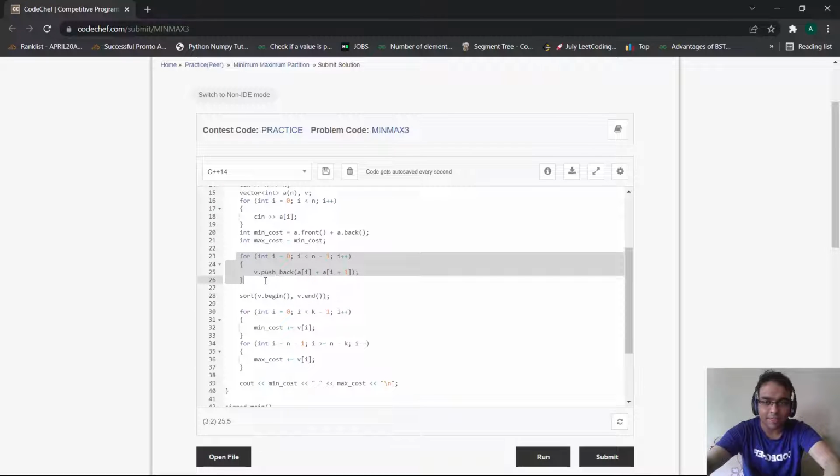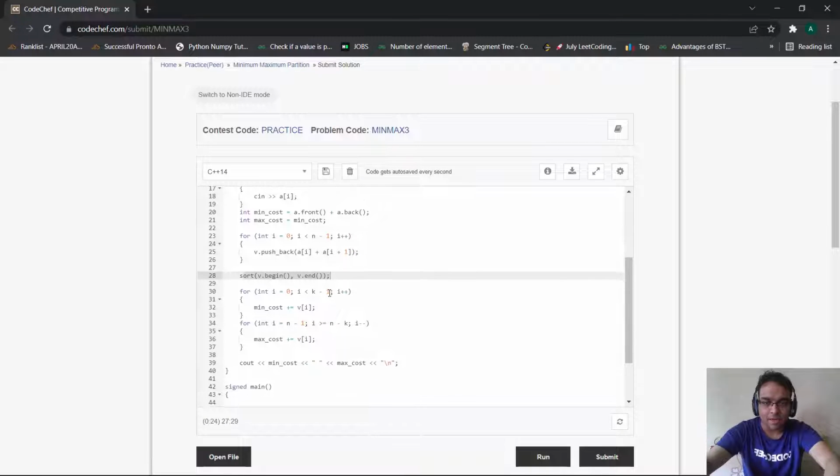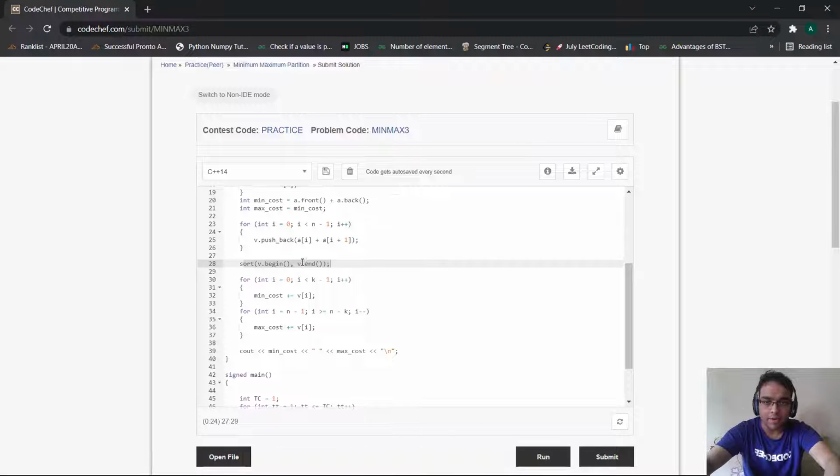Then, as we discussed in the approach section, we'll make an array of every adjacent element sum. So I made an array of adjacent sums and appended them in my v array. Then I sorted my array. Then our approach was simple: I had included one element here. So for the next k minus 1 partitions, we can just greedily select the smallest values for the minimum cost.